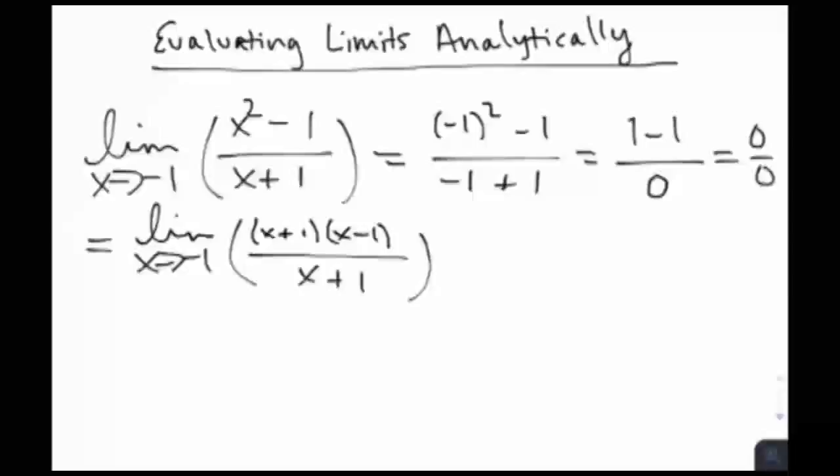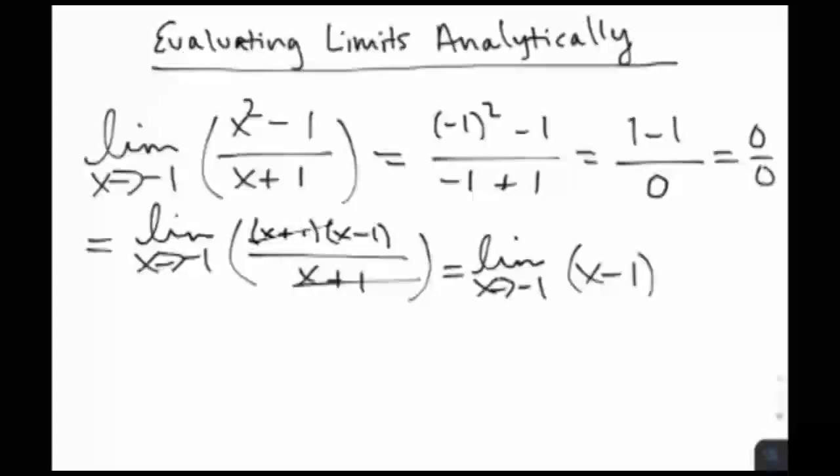Yes, we can. In the numerator there is a multiplying factor of the quantity x plus 1 times the quantity x minus 1. So you can cancel out the numerator and the denominator since they're the same thing. The x plus 1 on the top gets cancelled out, and the x plus 1 on the bottom gets cancelled out. What does that give you? It gives you the limit as x approaches -1 of x minus 1.